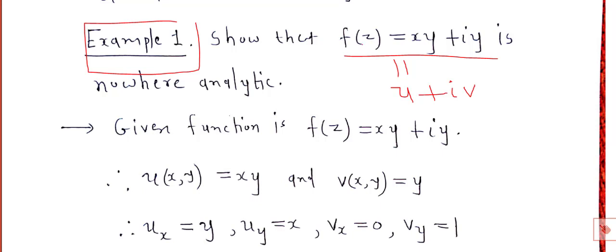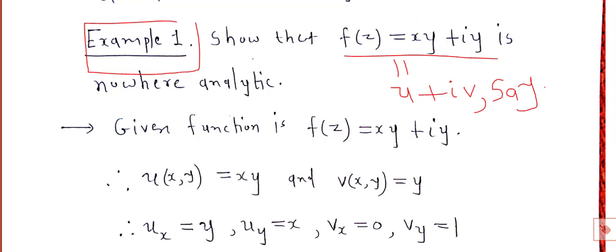So we have to first determine the points at which Cauchy-Riemann equations are satisfied. Using those points we will be able to decide the points at which the function is differentiable, and using differentiability we will be able to decide analyticity of the given function.